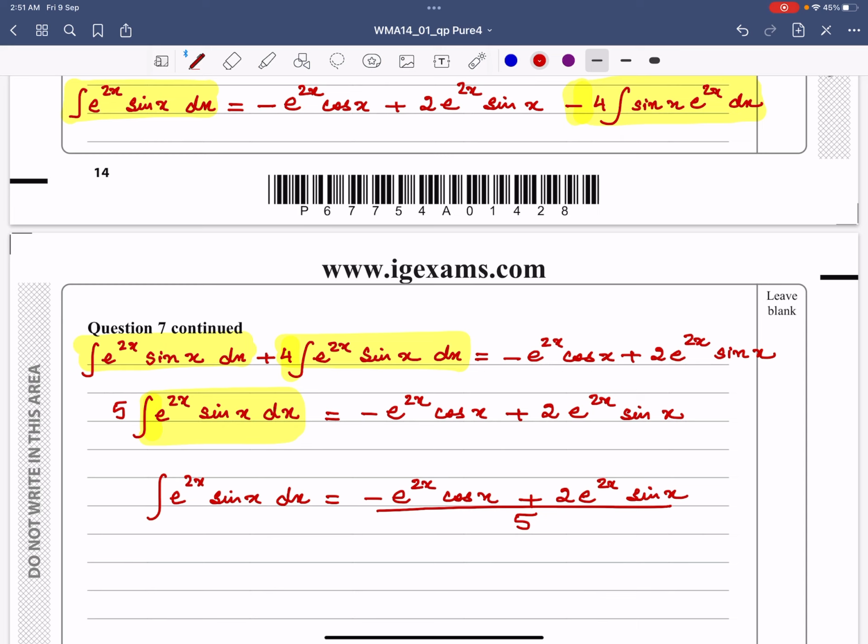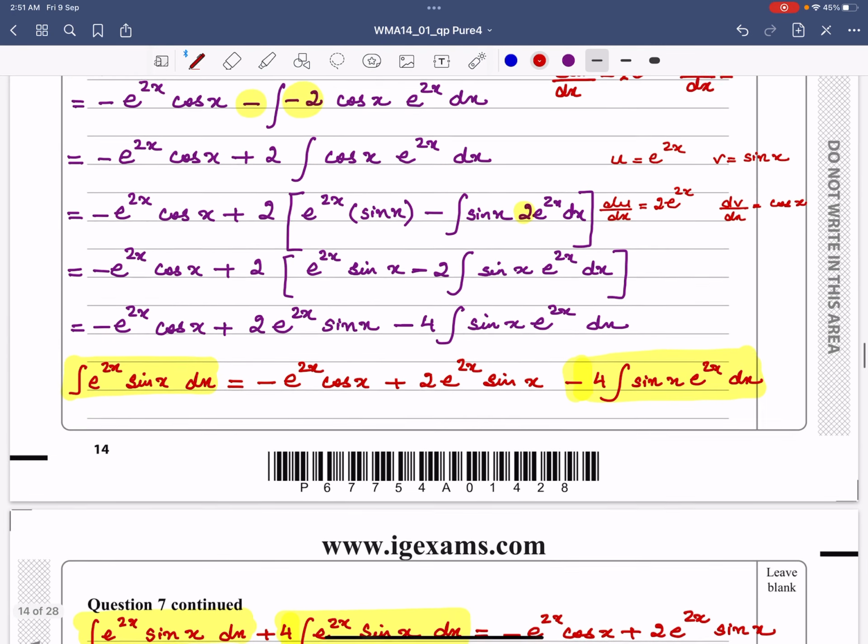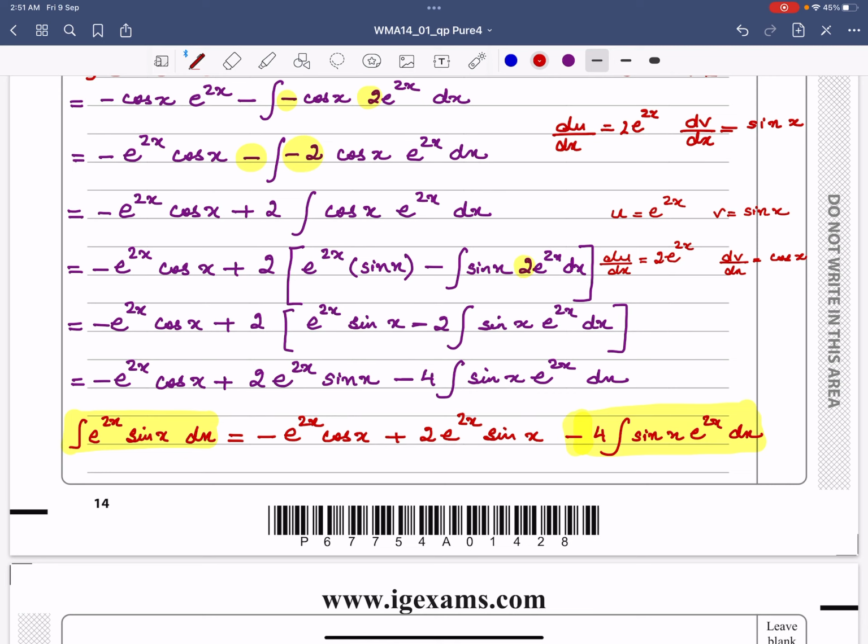So in this question, we used integration by parts twice. And in spite of using integration by parts twice, we still had a part which could be integrated again, which was a replica of what our question was, which is this part. So we have to be careful.